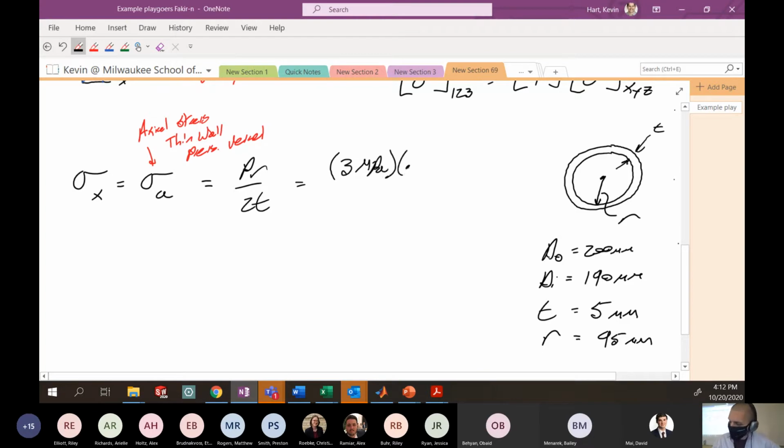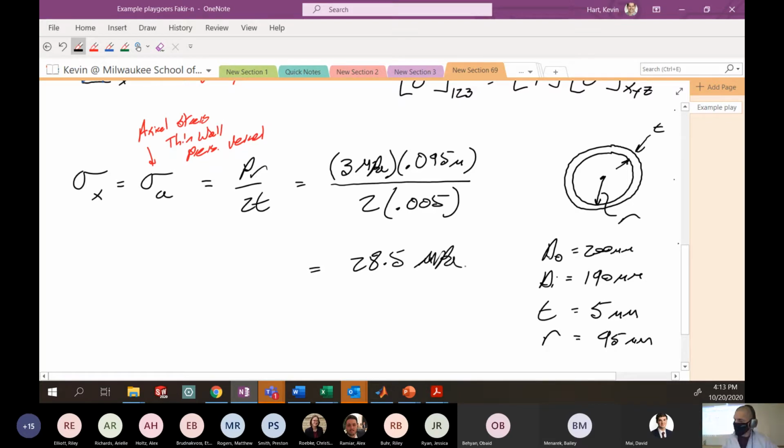Little r is the internal radius, 0.095 meters, divided by 2 times my wall thickness, 0.005. Punch this in, you should get 28.5 MPa.